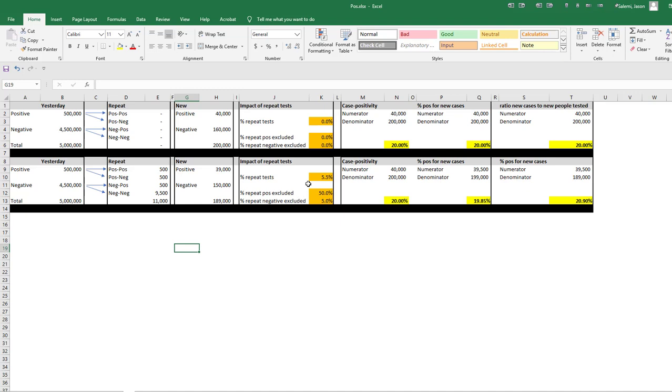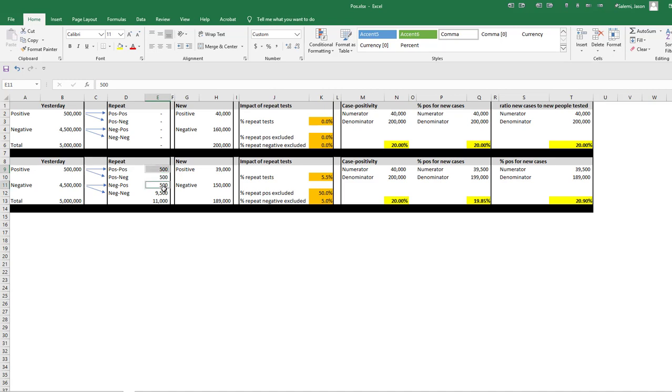So again, our key metrics now are the percent of repeat tests was 5.5%, relatively low. The percent of repeat positives excluded was 50%. So again, if you look at how this is calculated, I'm basically taking the positive number that would be excluded because they had tested positive on a previous day, divided by the total number of repeat tests that tested positive.